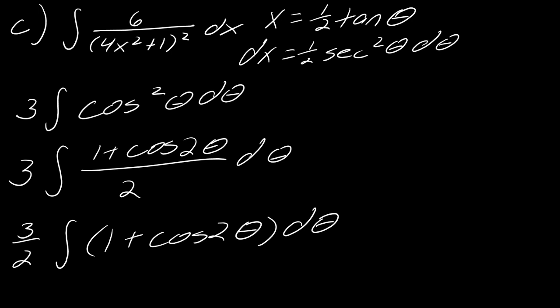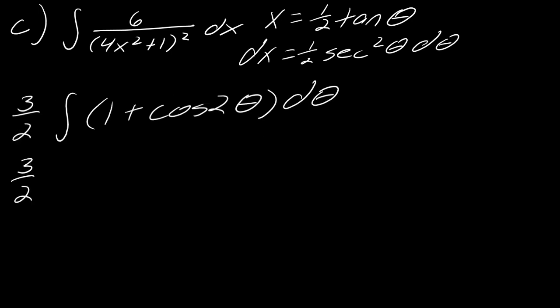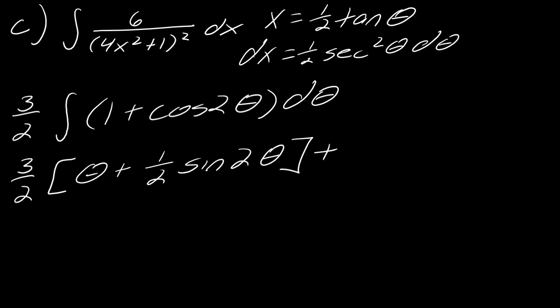Let's see, I need some space. So now I get theta plus 1/2 sine 2 theta plus c. Now, the thing about this problem as you move forward is that you're going to have to make a reference triangle.